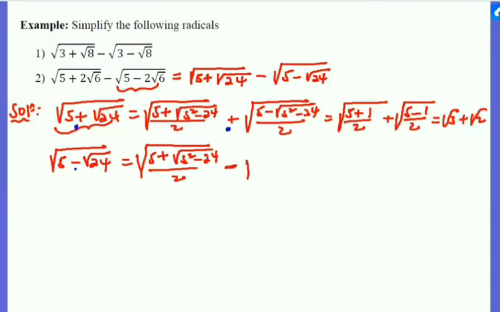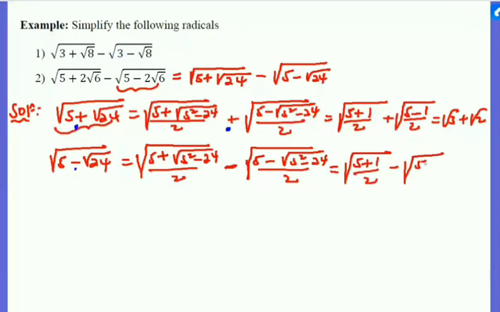So this is exactly 5 minus radical 5 square minus 24 over 2, where 5 square is 25, 25 minus 24 is 1, so square root of 1 is 1. So it becomes 5 plus 1 over 2 minus 5 minus 1 over 2, which becomes radical 3 minus radical 2. By the way, these two are the same except the sign between the radicals.